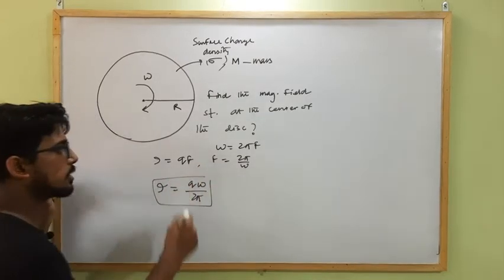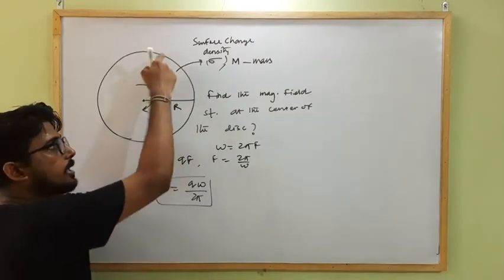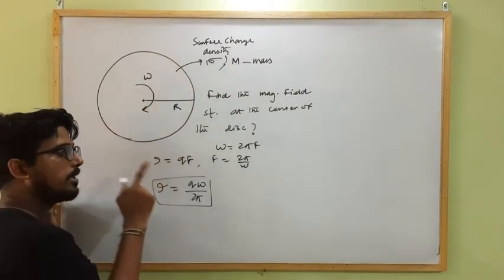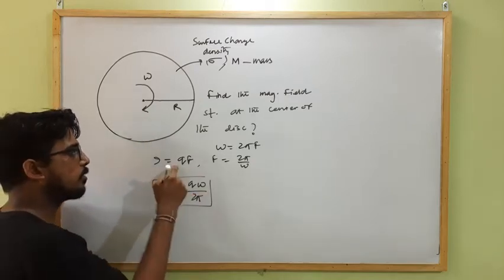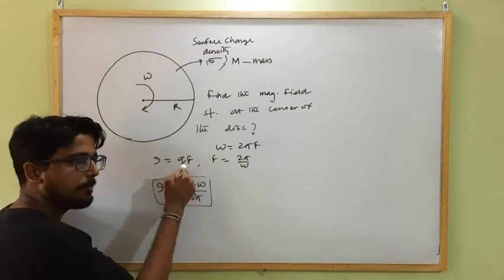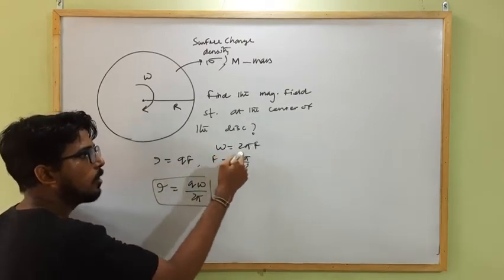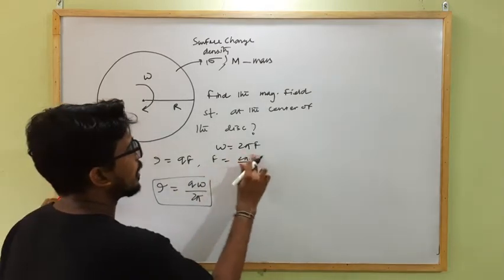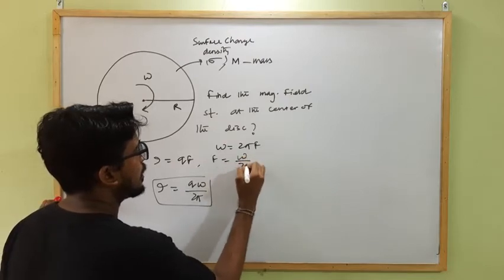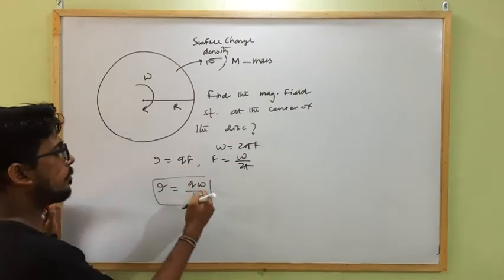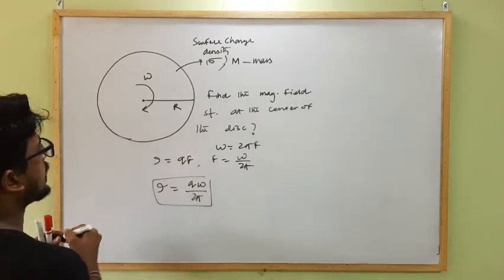We already discussed this when we studied current, an electron moving in a circular orbit behaves as a current carrying conductor, as in the case of the Bohr magneton. I equals q by t, that is q into f, and again omega equals 2 pi f, so f equals omega by 2 pi. So q f will be q omega by 2 pi. Clear? So from this we have to calculate the I.